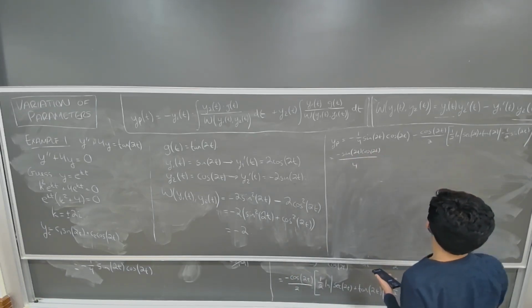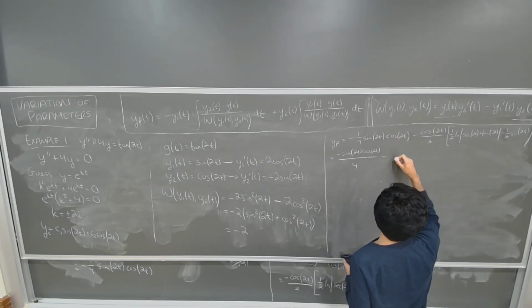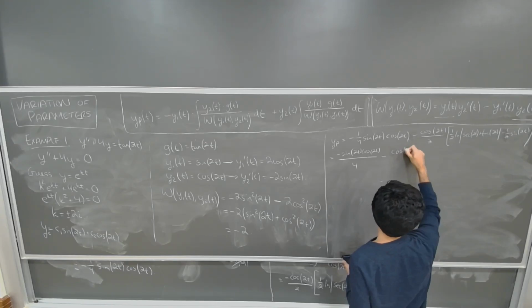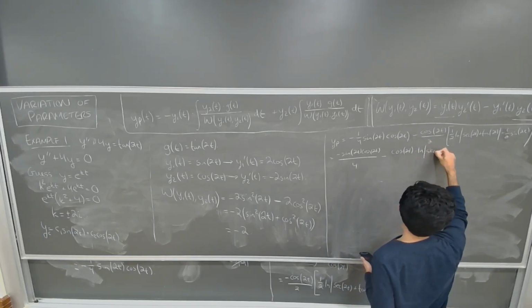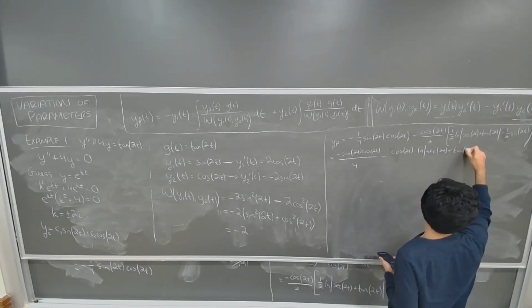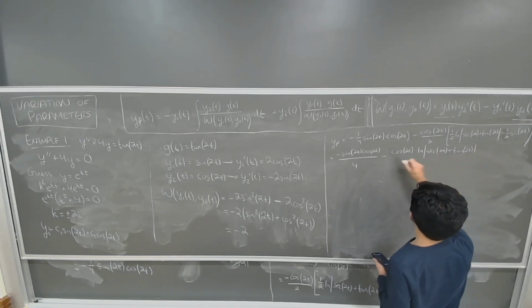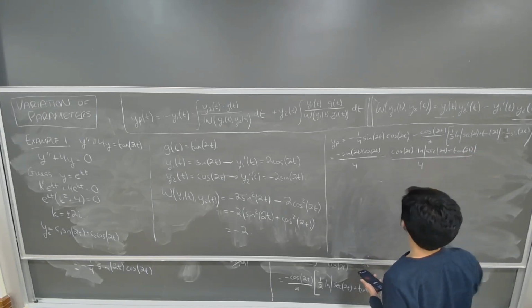Then we can do some distribution here. So this is minus cosine of 2t times the natural log of this, all of this over 4.